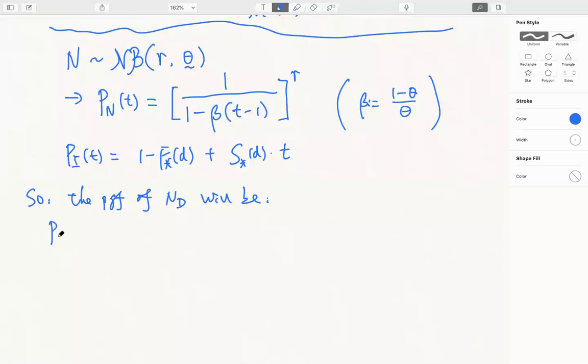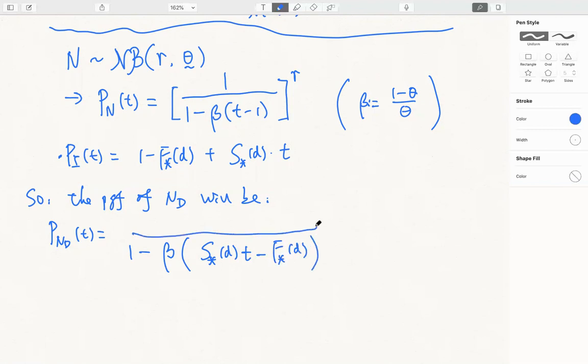Put everything in. It will be 1 minus beta, and t minus 1, I will use this to replace t. So it will become S_X(d) times t minus S_X(d), so the 1 divided by this and raised to the power r.